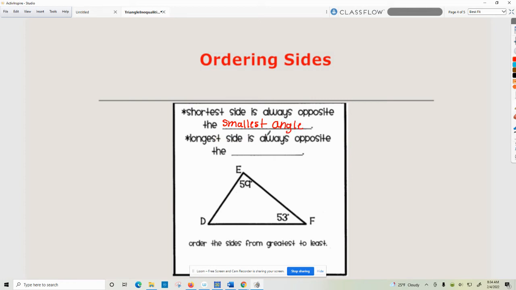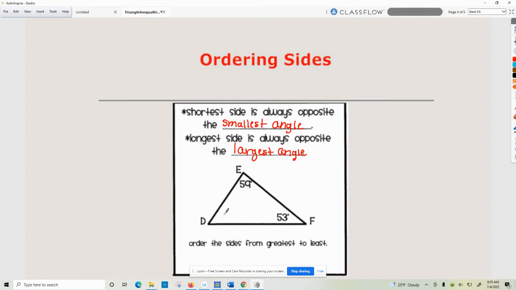So the longest side will be opposite the largest angle. Now, one thing I want to remind you of: you've got two angles here, but you don't have that third one. So we want to find that third one just to make sure, is it really the biggest angle, or is it somewhere in between, or will it be the smallest angle?